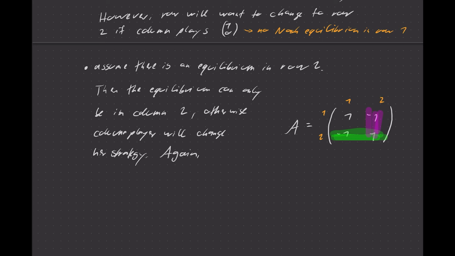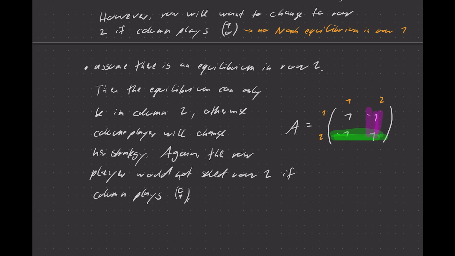Again, the row player would not select row 2 if column plays 0, 1, because row 1 would secure a better payoff.